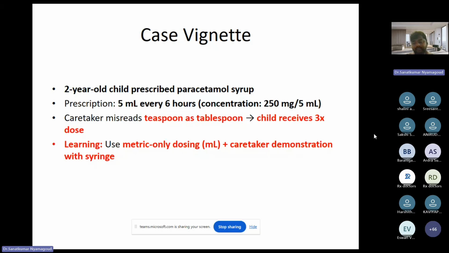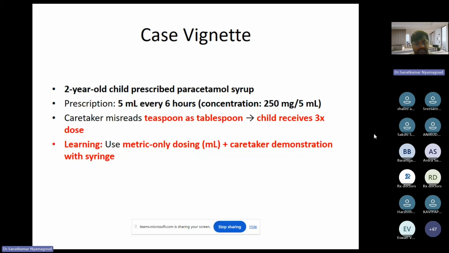So the child started receiving triple the dose of the same 5 ml. So 250 mg became 750 mg every 6 hours. Later, the patient had hepatotoxicity. This was a real case which I came across in my day-to-day routine practice in the hospital. The same case I am discussing with you all.